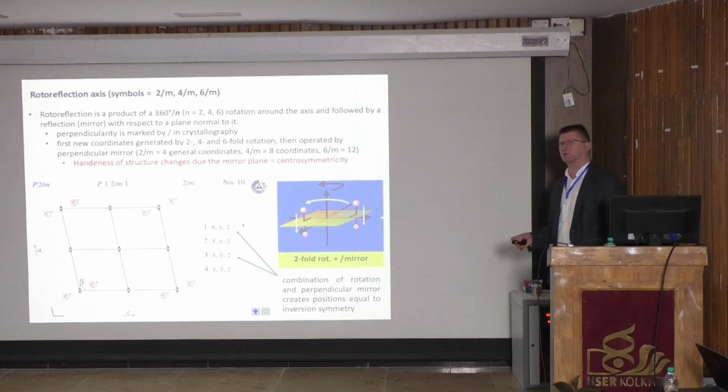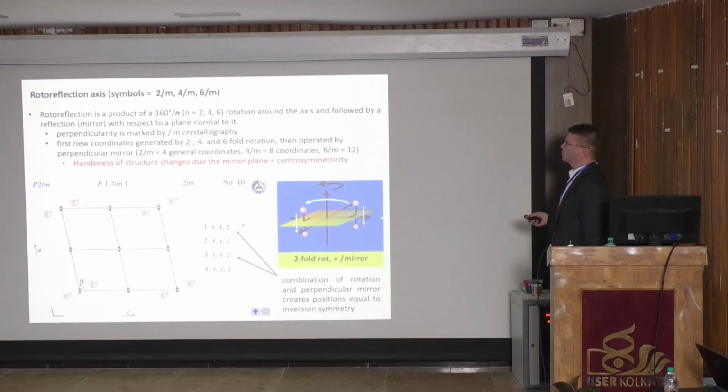Roto-reflection is in principle the same thing, but now the minus sign has been substituted by a mirror. But now for the mirror, we have to define where the mirror is happening. Of course, we cannot just arbitrarily put the mirror plane in there. We have to define it.